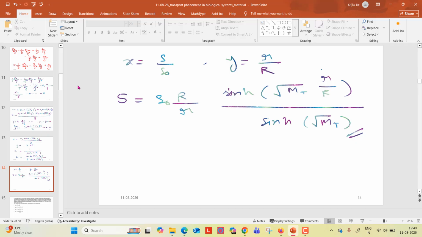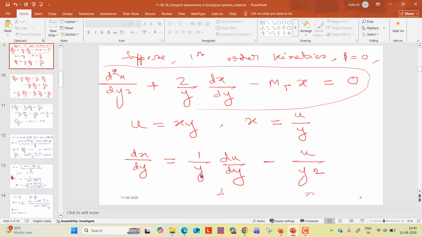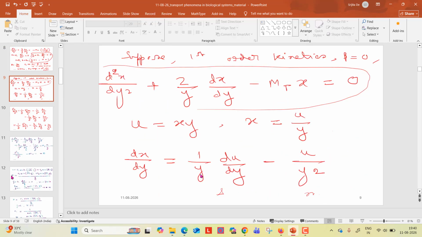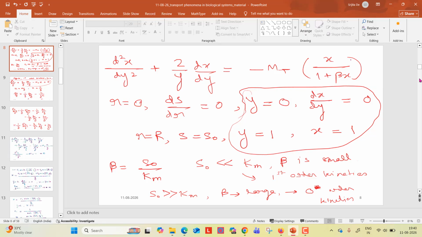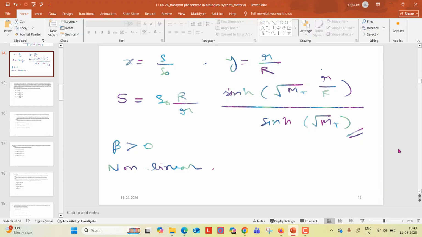Now, if beta was a large value, if it is a zero order equation, then we will see a non-linear term will come, right? Because you have seen that in this equation there is x and beta x, so this term is a non-linear term, so it cannot be solved simply.